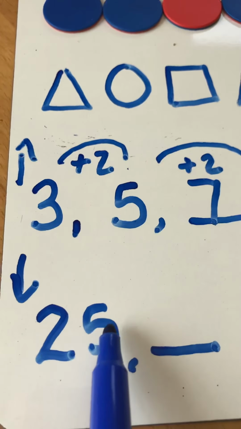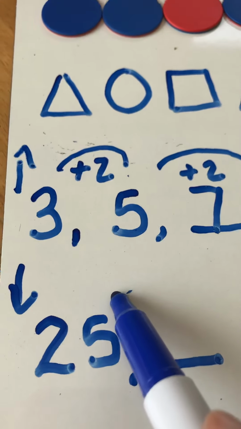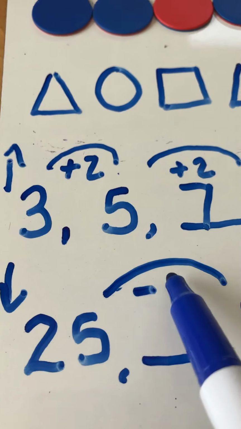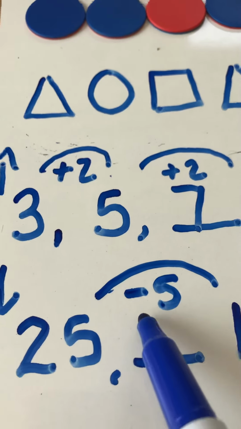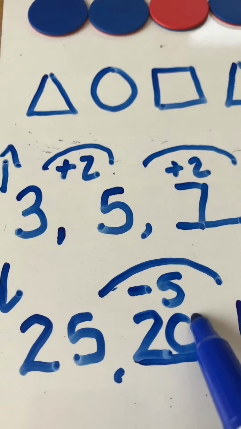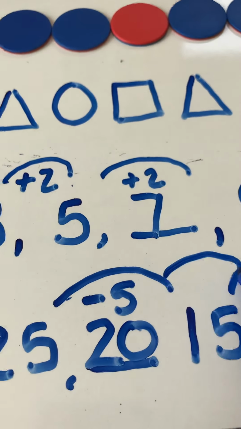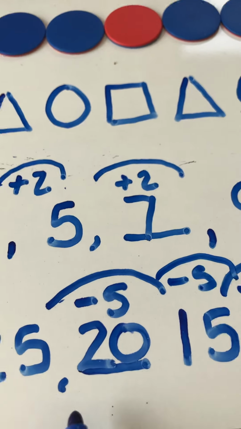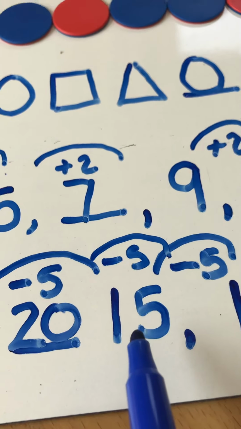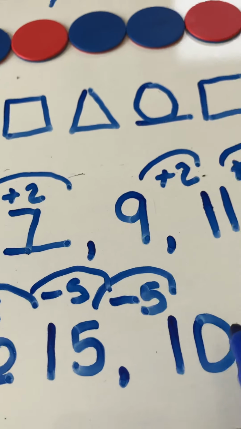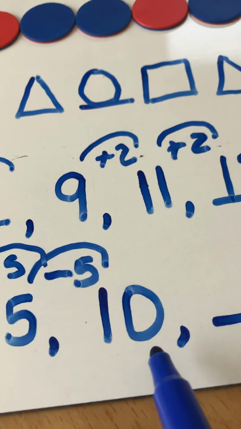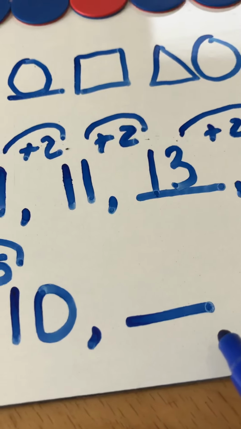I wonder if that will work with our pattern. So if we've got 25 and we take away 5, that leaves us with 20. 20 take away 5 leaves us with 15. 15 take away 5 leaves us with 10. So what would this number be?